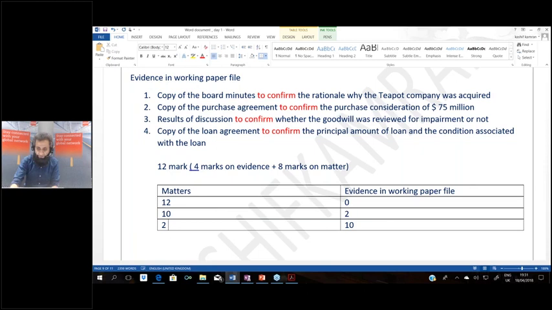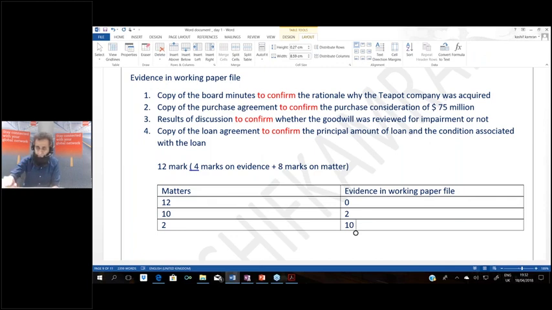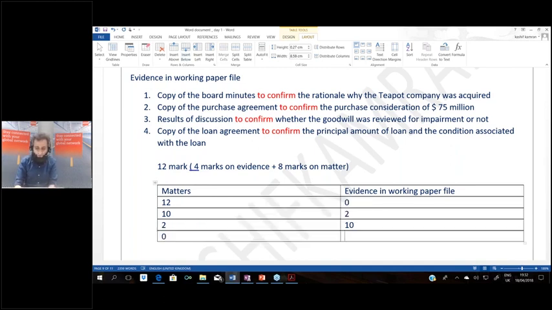Or let's take a very blunt other statement. The student writes 0 matters and all 12 evidences. Let me ask you, and then I'll put the examiner comment with you.